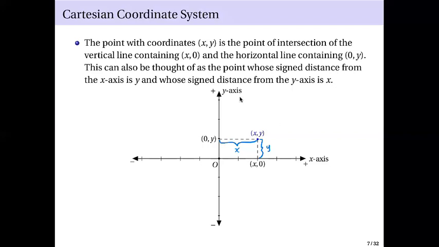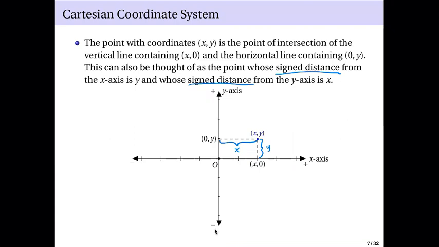And take note, we said signed distance, just for emphasis, meaning we consider positive or negative. We know that distance should be positive. By signed distance, we mean if you have a negative signed distance, it must be to the left of O if it were on the x-axis, or below O if it were on the y-axis.